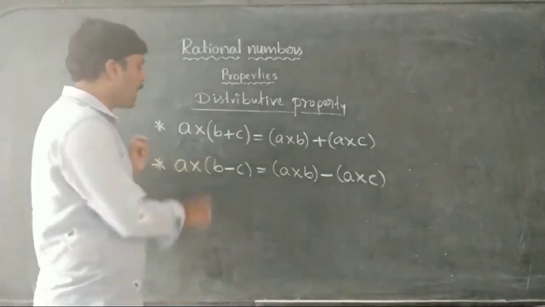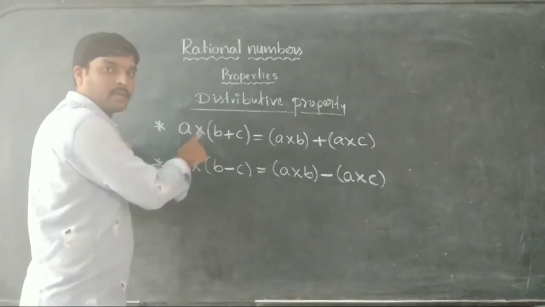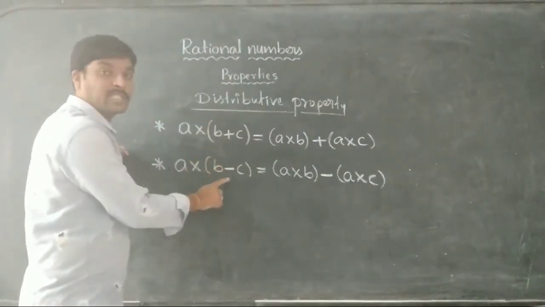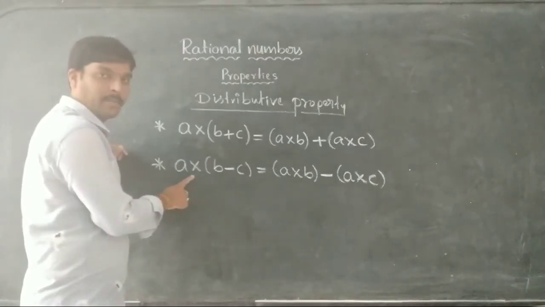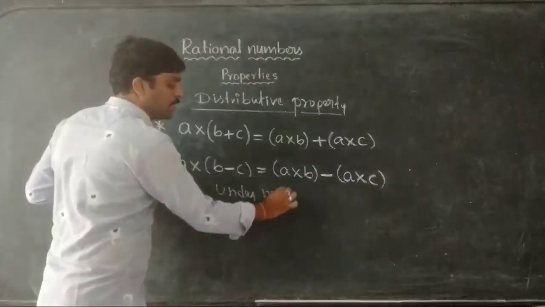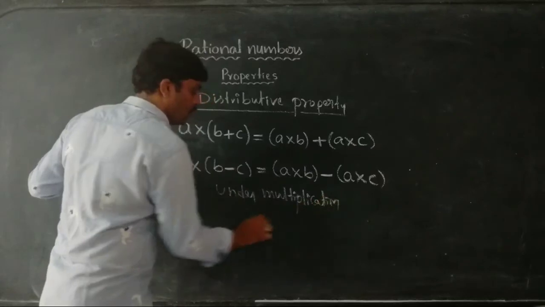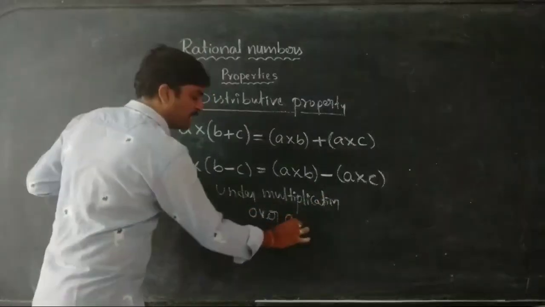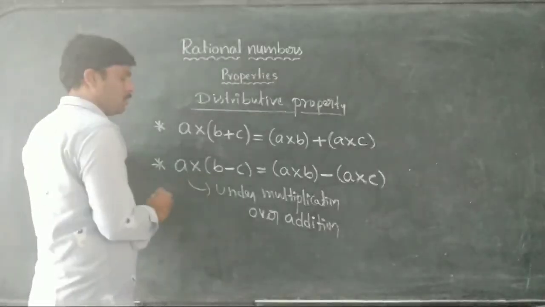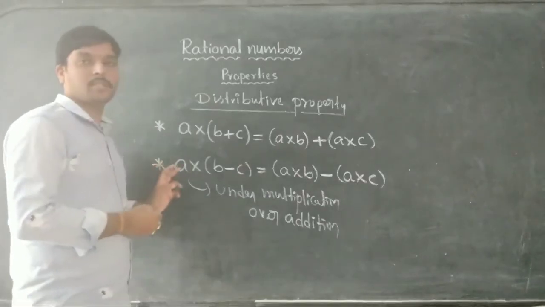The first one is under multiplication over addition, and the second one is under multiplication over subtraction. Okay, this is the distributive property.